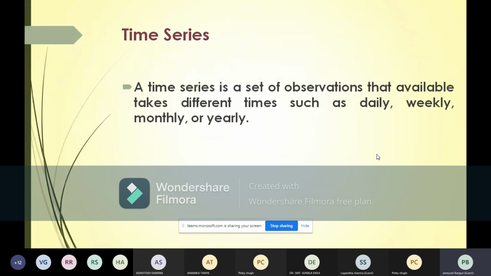It can be in milliseconds, seconds, minutes, hourly, daily, weekly, monthly, or yearly. We can keep high frequency data here also. That is part of algorithmic finance. This is a very new area which has been explored by researchers.